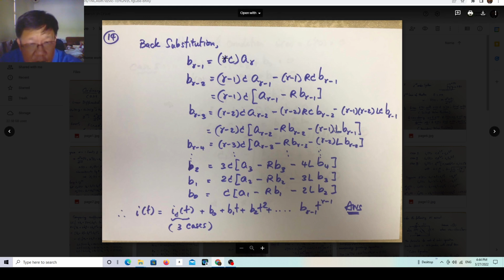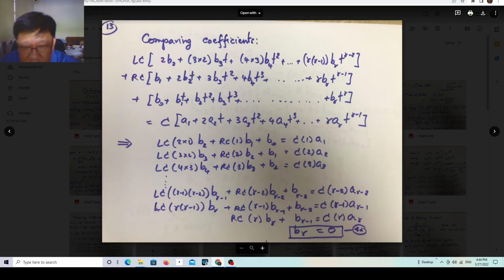Okay, so now you can say that the general formula of I is the complementary solution plus the particular solution. And you can see that for the particular solution, we only have an r minus 1 order polynomial function, because we already proved here that b sub r is equal to 0.